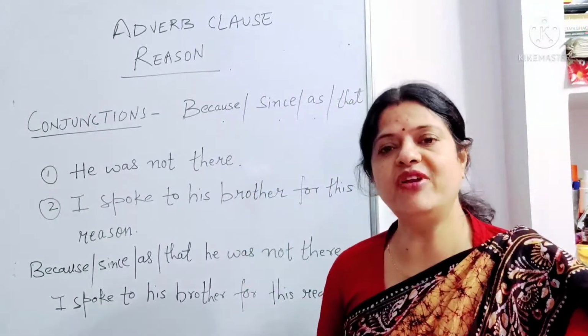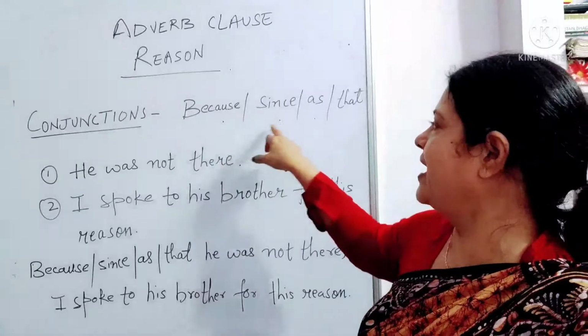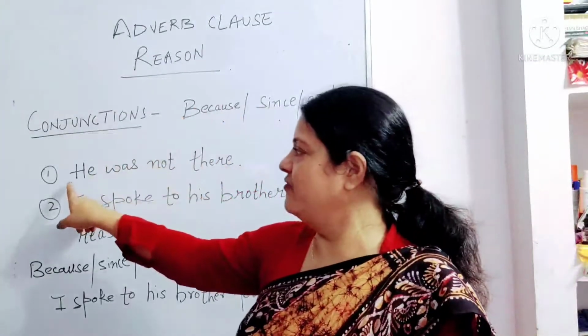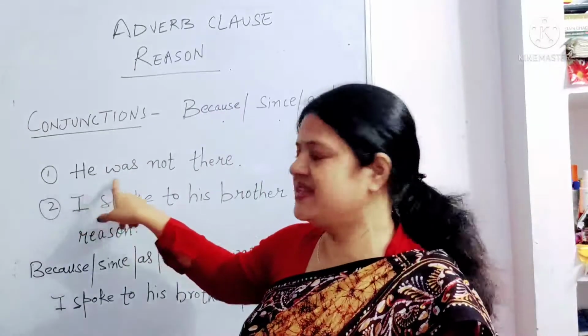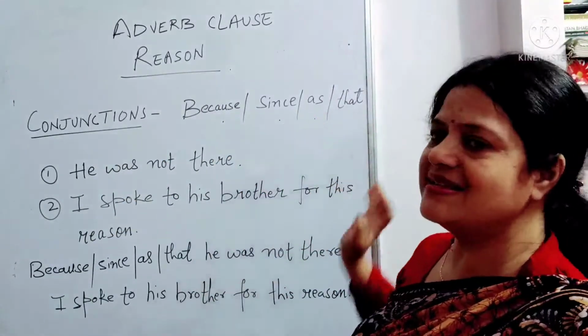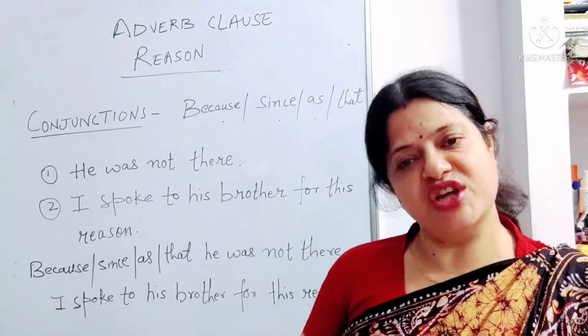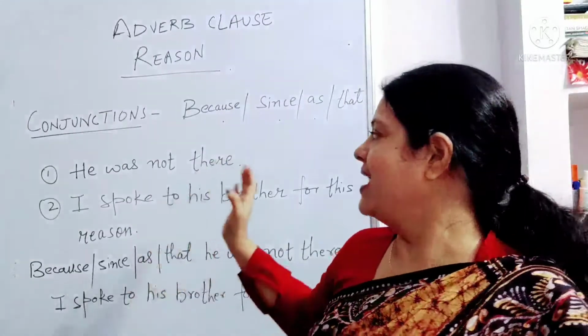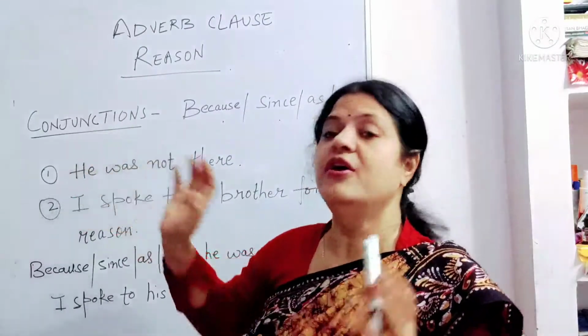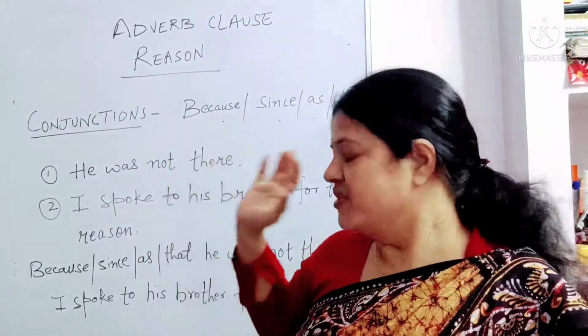So we will take any of these conjunctions and put it in front of the sentence which is showing the reason. We can take because, since, as, that, any of these conjunctions, and put it just in front of this first sentence.